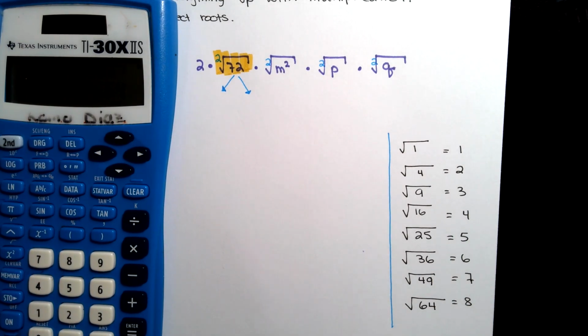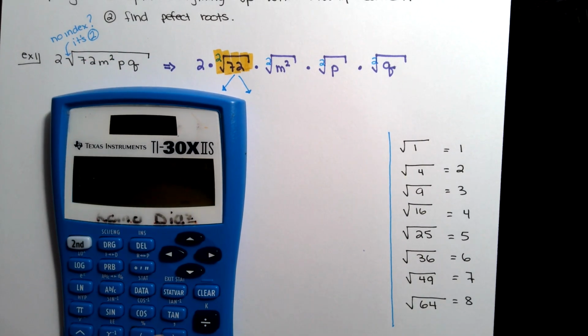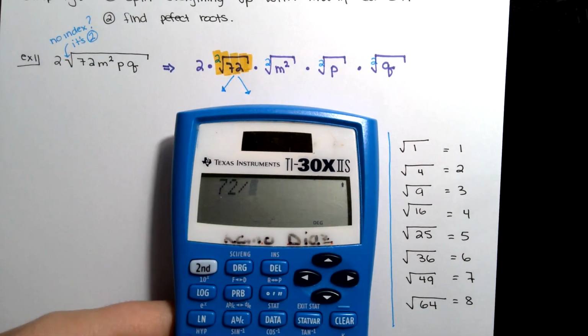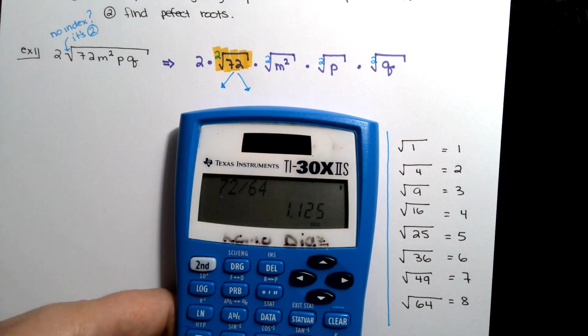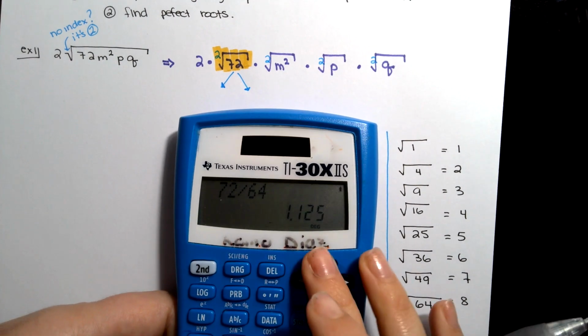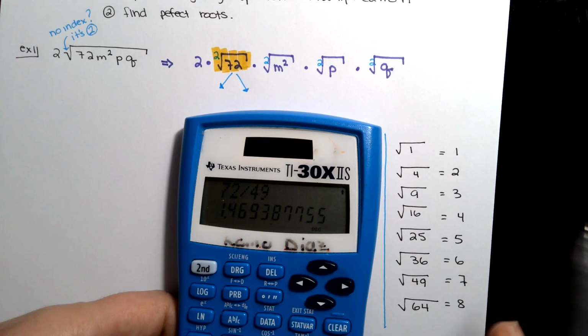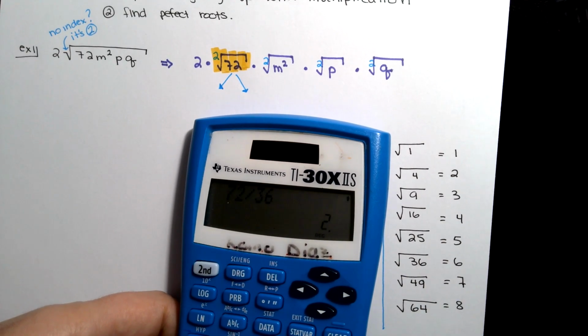Now, when you are simplifying your radical, you're going to take that number, 72, and you're going to find the largest perfect square that goes into 72. So 64 is not a perfect value for 72. Then I go to 49 is not a perfect value. Then I go to 36 is a perfect value.